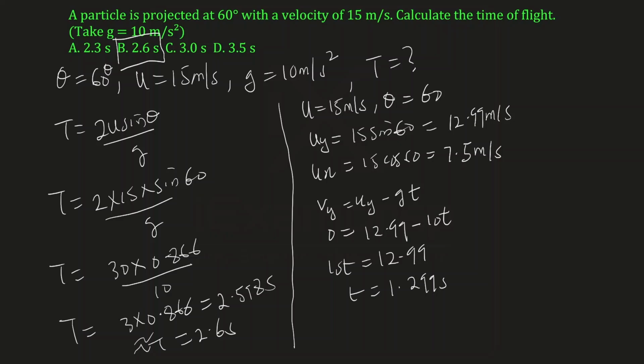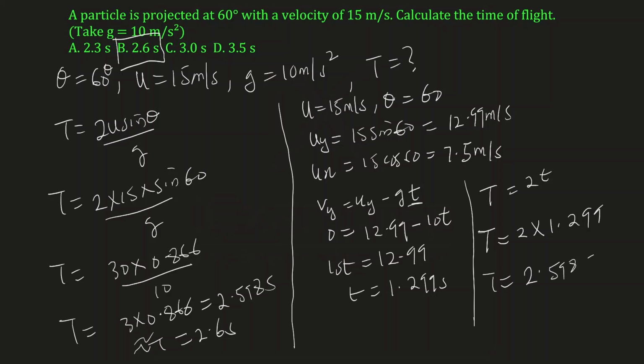But this is just the time to reach maximum height, which means that time of flight is going to equal 2 times 1.299. We are going to get 2.598 seconds, which is approximated to 2.6 seconds, right? So we get the same answer. So this is how I solved it on the test, because it helped me to see the motion in each of its components. But if you use the formula, that is also okay.